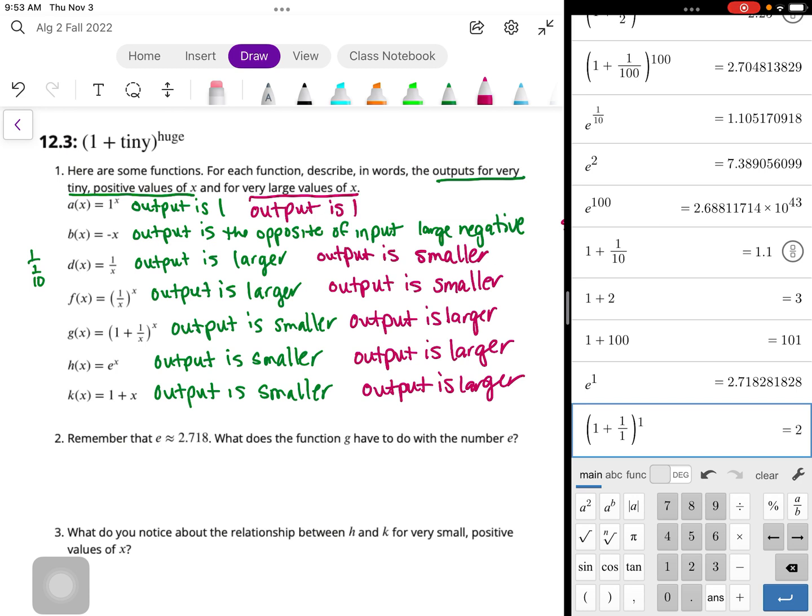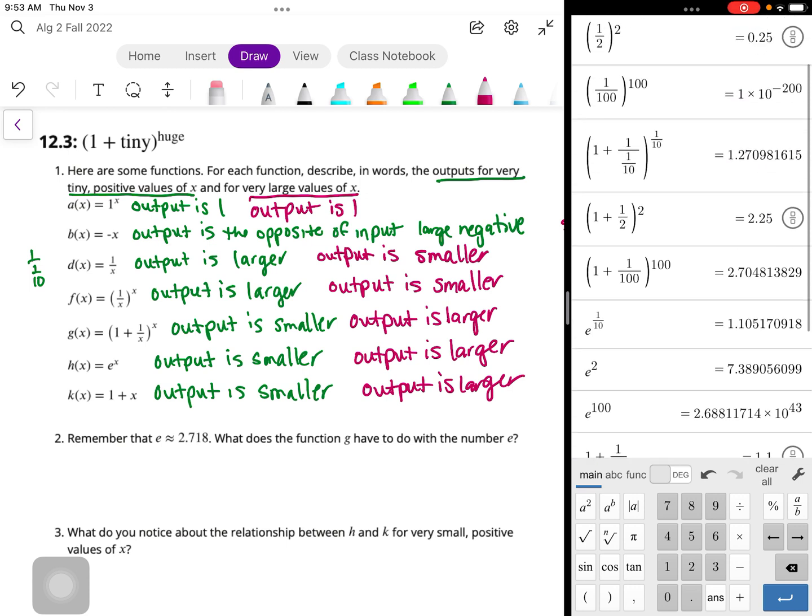And so if we look at g, it's close to 1 for small values. If we go back up here and look at our small values, it's closer to 1. It gets closer and closer to 1, and then it grows. And then for the large values, it's approaching that 2.71.